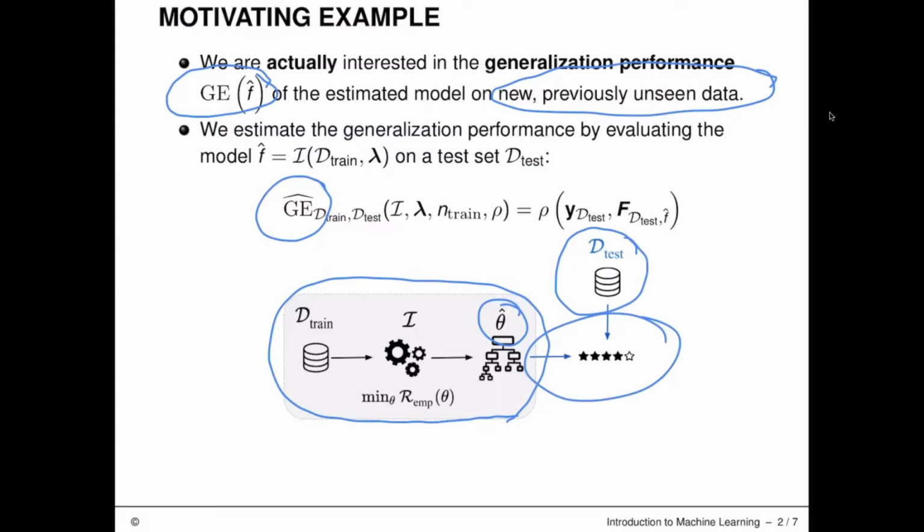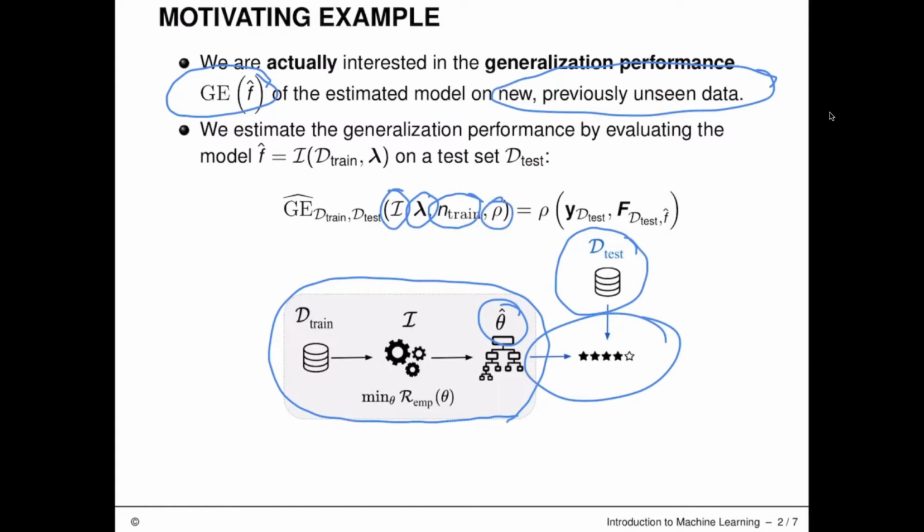Here on the slide, you also have the formula, which you will remember from the evaluation chapter. Basically, the estimated generalization performance is a function of the inducer, of the hyperparameters, of the size of the training data, and of the evaluation measure.